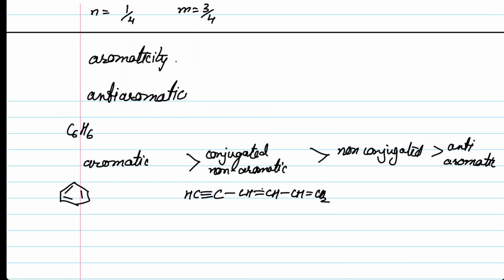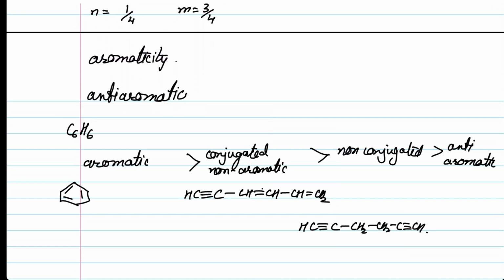This structure is conjugated, but it is not aromatic simply because it is not cyclic. Then we could have something like HC triple bond C single bond CH2, CH2, C triple bond CH. This compound is non-conjugated, and when it is non-conjugated, it automatically becomes non-aromatic as well.